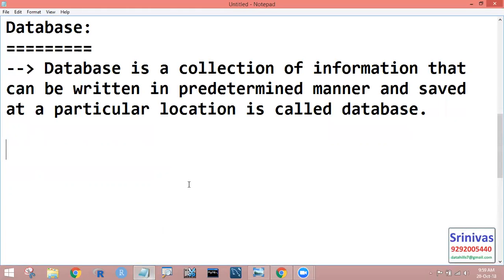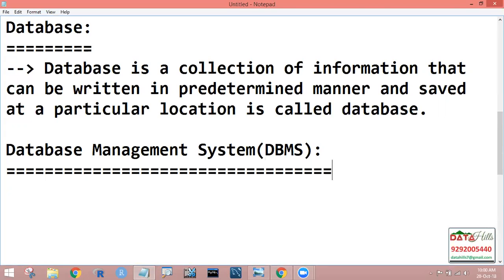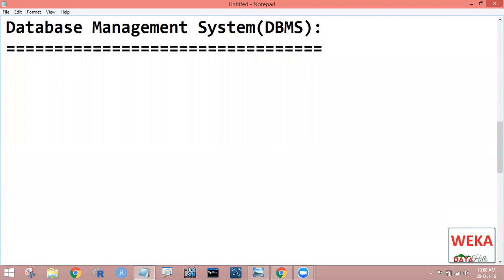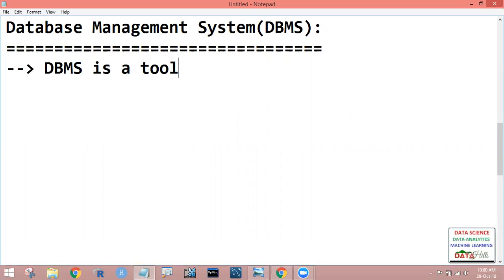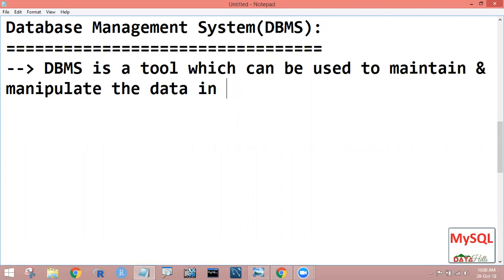A DBMS is a tool which can be used to maintain and manage the data within the database.